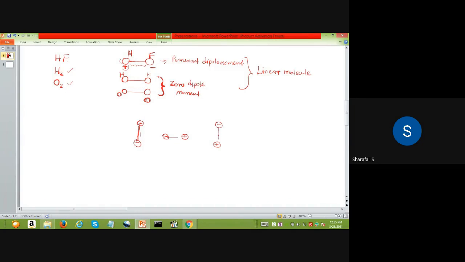If you consider hydrogen fluoride rotating, initially hydrogen was here, then fluorine was here, then hydrogen will be here. So when they rotate, the positions of the charges keep changing, and then again it will come to the original position, plus here and minus here.